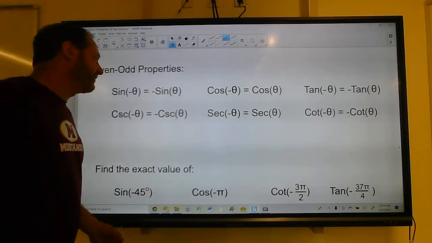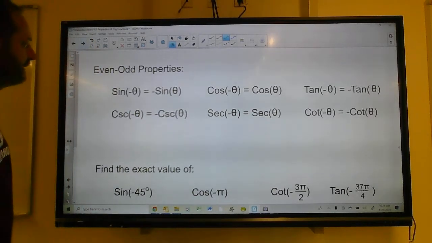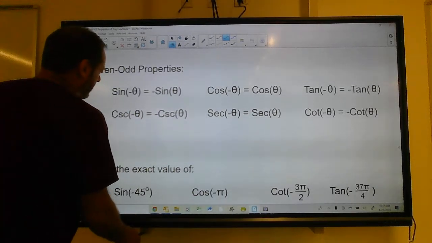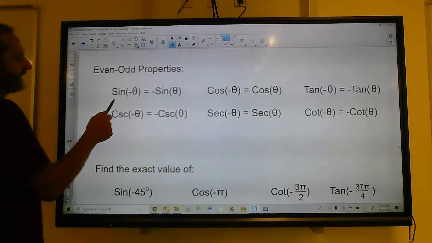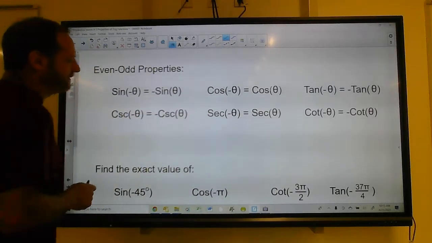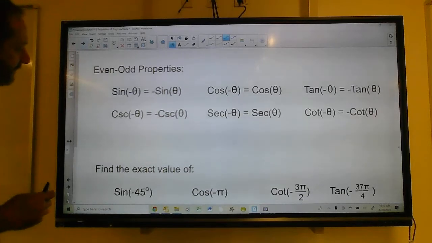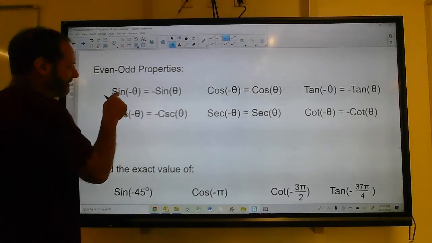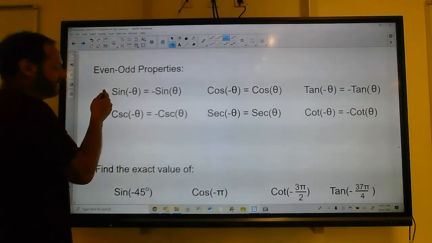Next you get your even-odd properties. We'll talk about these a bunch later, but sine of negative theta is equal to negative sine theta. What that means is if I have sine of a negative angle, I can just pull that negative sign out in front.